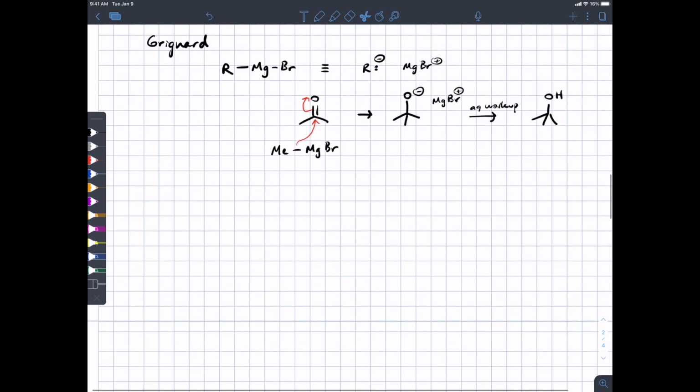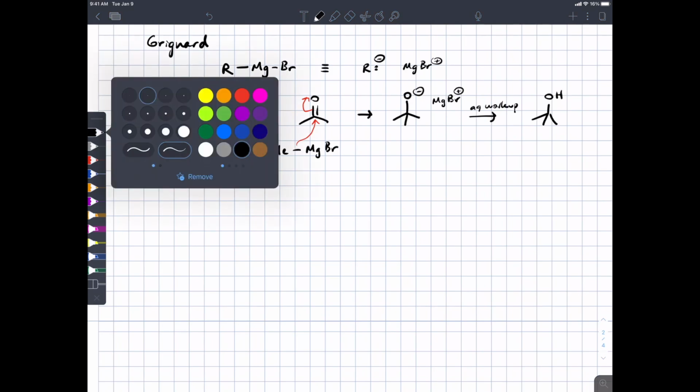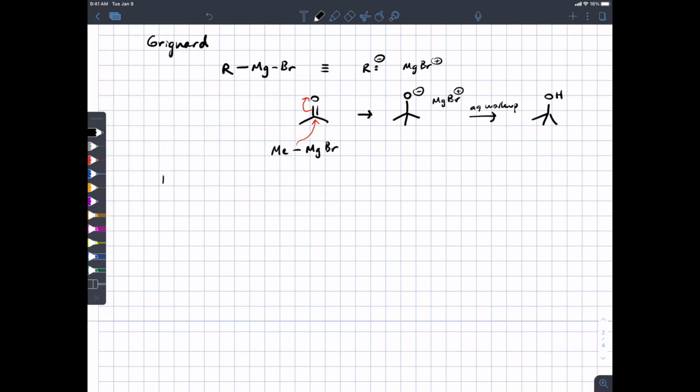You can also imagine the Grignard reaction proceeding via what's called an electron transfer, sorry, not transport, but a single electron transfer mechanism. So what would this look like? Here's your carbonyl compound. Here's your Grignard reagent, and it can be bromide or chloride.